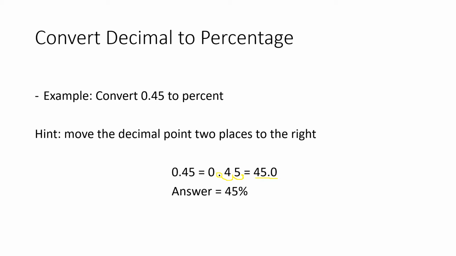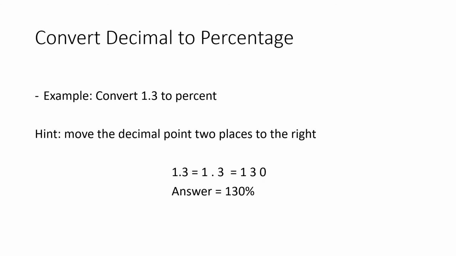Now you don't need to write the point and 0 here because it doesn't mean anything. You can leave the answer as 45, and lastly you add the percentage sign, so the answer is complete. The answer is 45% because the question is to convert to percentage, so make sure you always add the percentage sign. So that's how easy it is to convert a decimal number to percent.